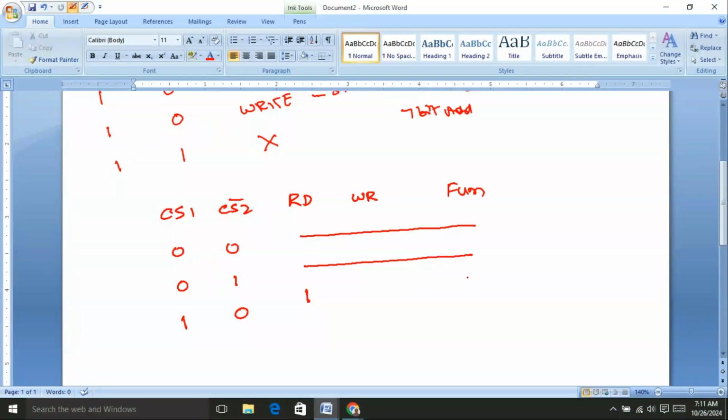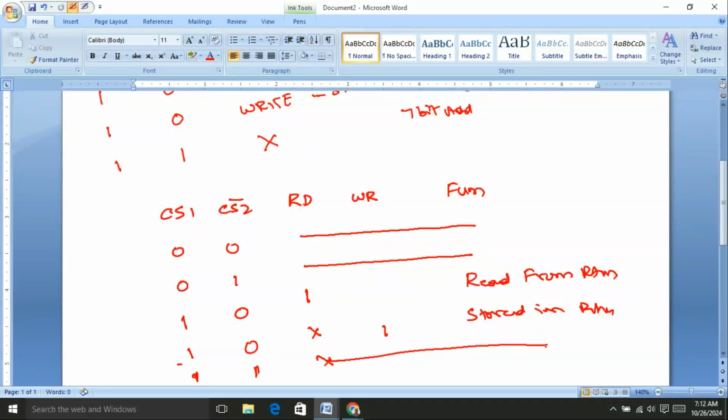The function is data read or extracted from RAM. Suppose 1 0 and the read is disabled and write is enabled, data is stored in RAM. Again for 1 1 of CS1 and CS2 bar, nothing happens. No function is performed.